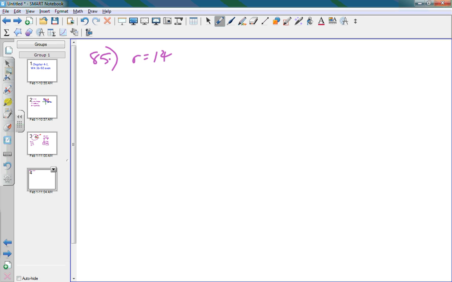My radius is 14 inches, and my central angle is 180 degrees. Now, here's the kicker. You cannot do these problems when it's given to you in degree measurement. You have to transfer your lovely little degrees into what? Radians. So what is 180 degrees the same thing as? Pi.